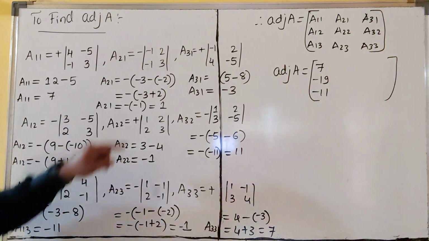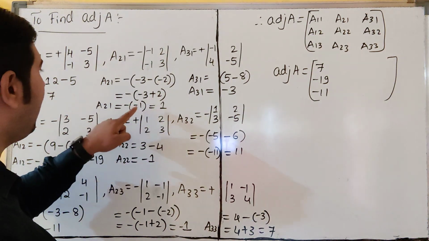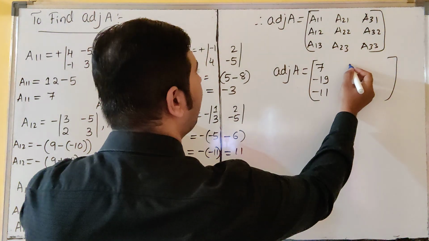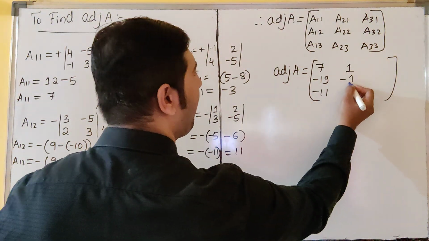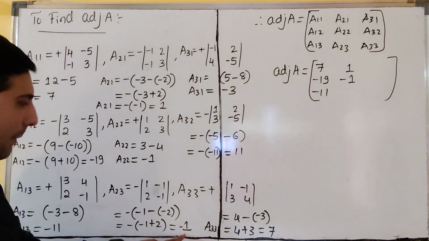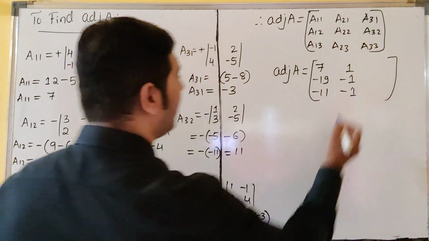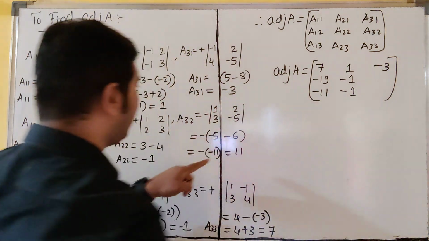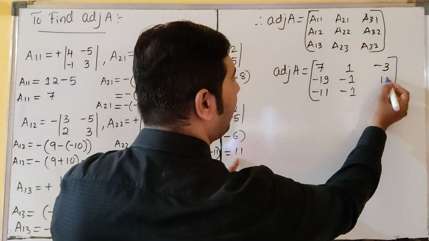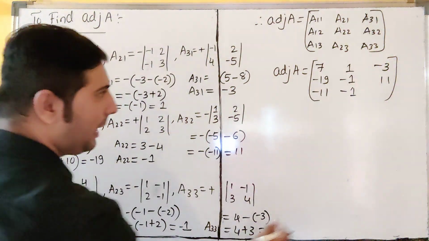Now A21 is 1. A22 is minus 1. A23 is minus 1 again. Now see, A31 is minus 3, A32 is 11, A33 is 7.